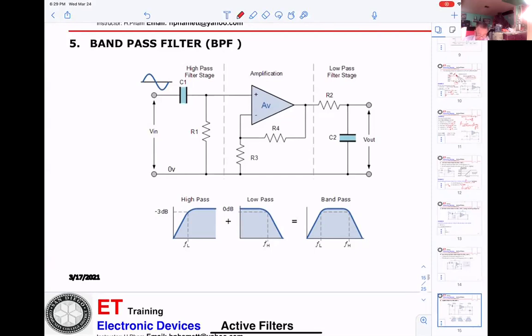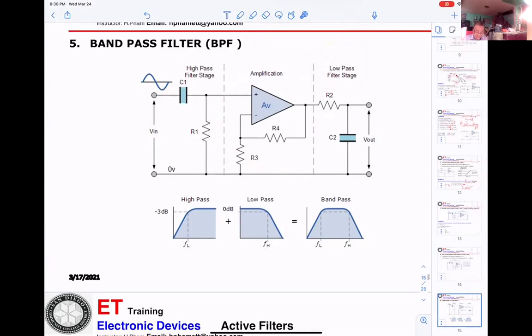First thing, if you're looking into the circuitry, we know this is the one they're using an op amp to build. And they're adding capacitors and resistors to make the band pass filter.